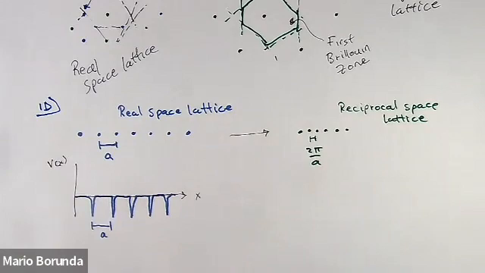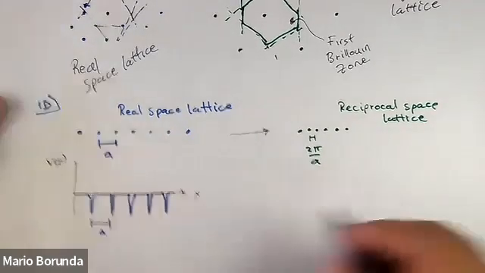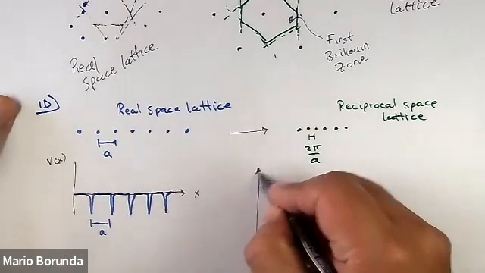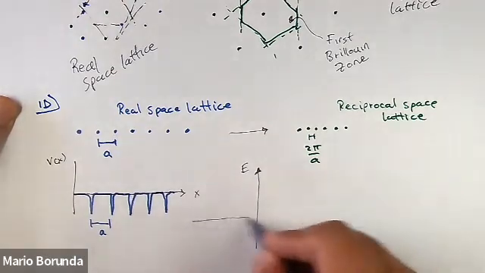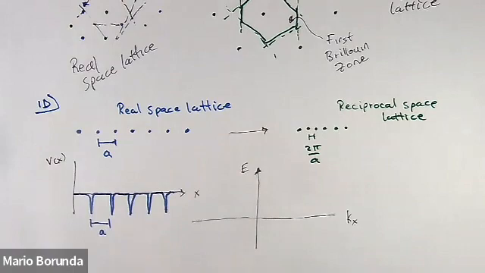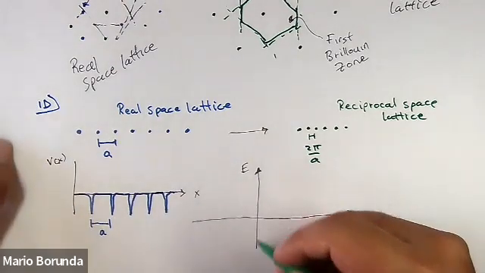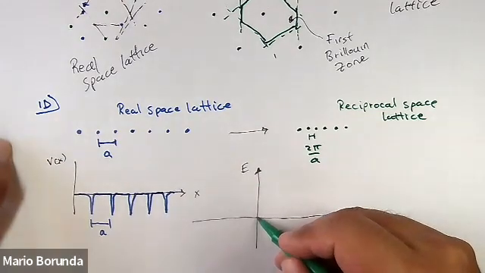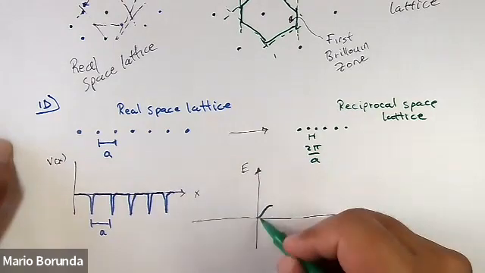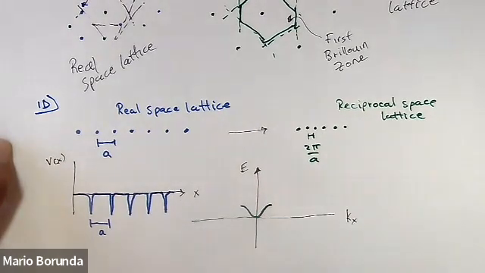And we would have something that as a function of energy right here, this would be kx in this axis. And because of the attractive interaction, it is going to go like this, and in this direction like this.